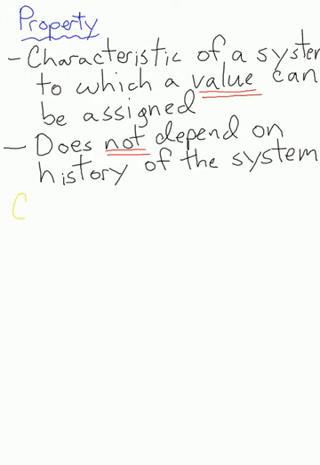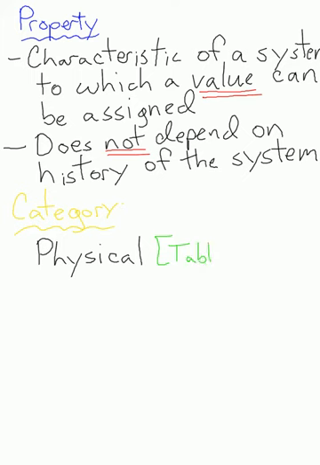There are two categories that we will be focusing on in this course for properties. The first category is the physical property. It's tied to the property more at a molecular level, more dependent on the molecular composition of that fluid.